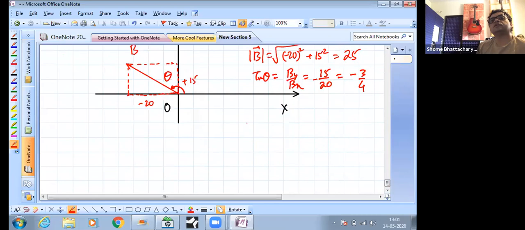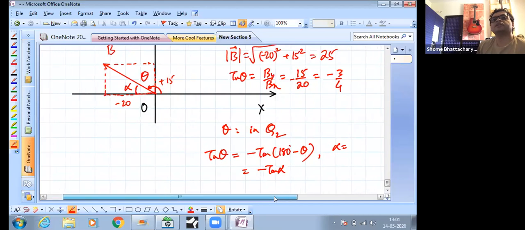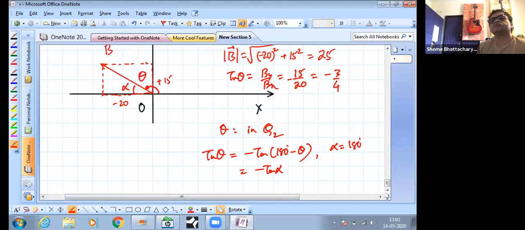So theta is in quadrant 2, so tan theta is negative of tan of 180 minus theta. You can understand that geometrically also over here: if we label this angle as alpha, that is minus tan alpha over there, where alpha is equal to 180 minus theta.